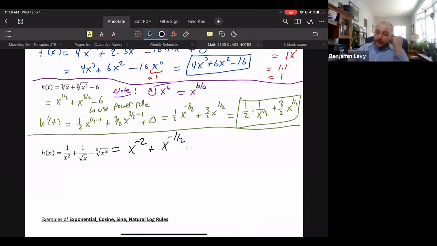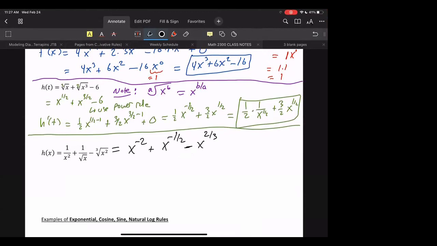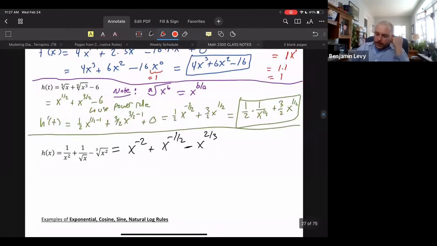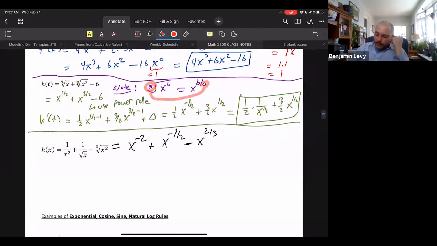And then the last part is minus x to the 2/3 actually. Oops, 2/3. Notice how the a goes in the denominator here. Is that okay? People see how that translates into that?